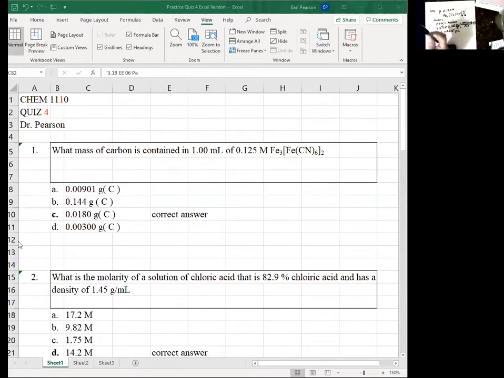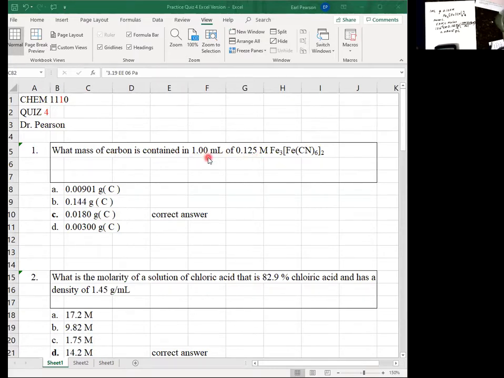Remember now, the way we're solving problems is we look at the problem and we try to identify what the problem is asking for. In this case, it's asking for grams of carbon. We look at the data we're given, volume and molarity.